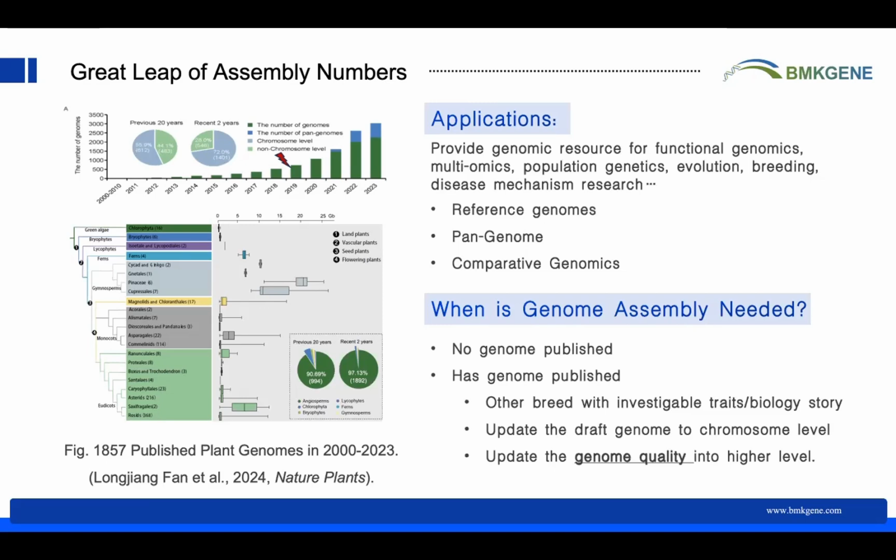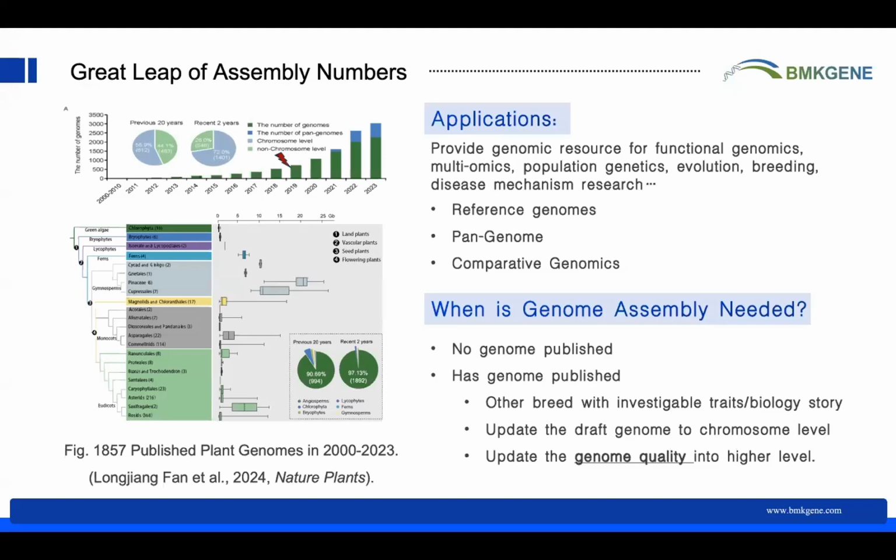Then you can assemble a different variety within the species and compare it to the reference genome to talk about how the genetic information differs from the reference genome, then connect the story to how it affects the different phenotypes of these two varieties.